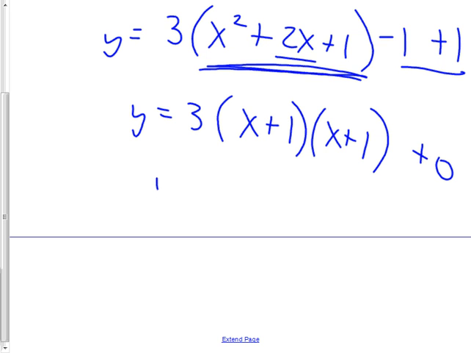And then this would be y equals 3, and then x plus 1 quantity squared plus 0. And this is a really common mistake. You're all going to do it. Seriously. I just did it on purpose, and I'm just going to show you where I made the mistake.